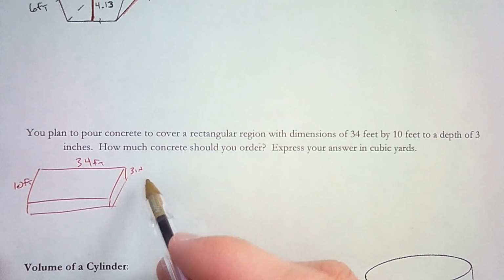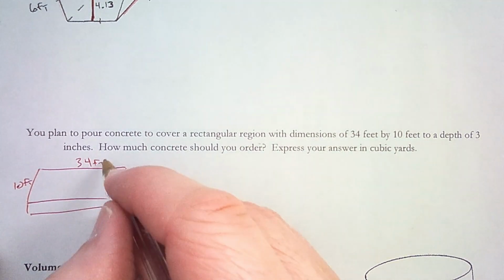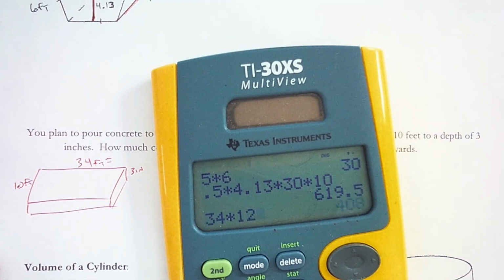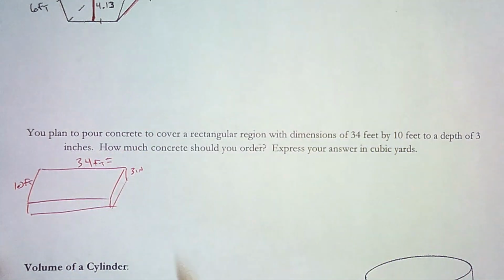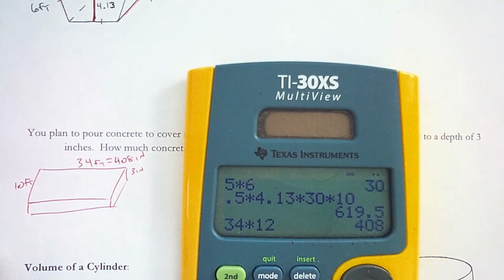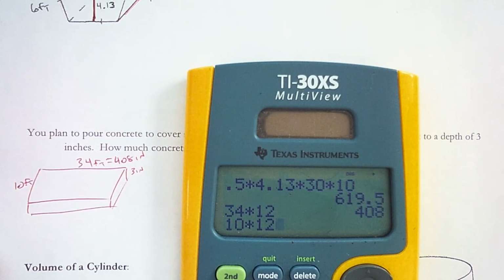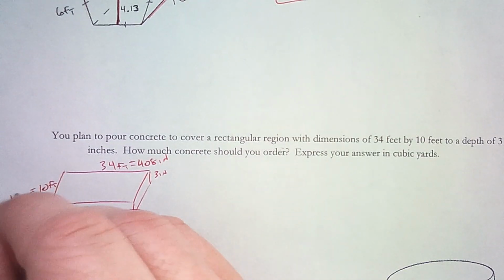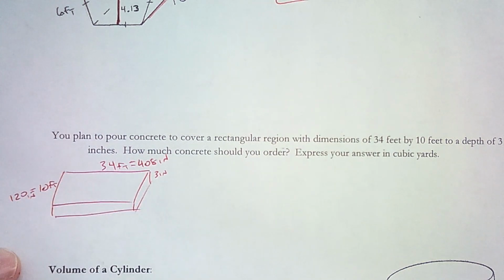And I've got feet and inches. So let's convert everything to inches. So 34 feet times 12, that's 408 inches. 10 feet times 12, should be able to do this in our head, is 120 inches.